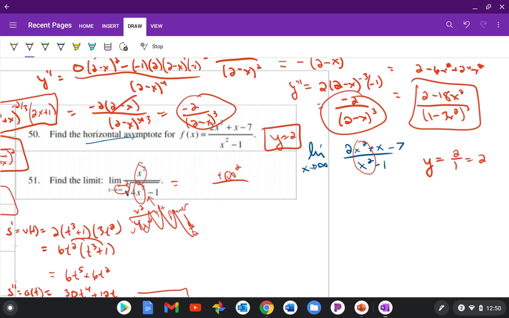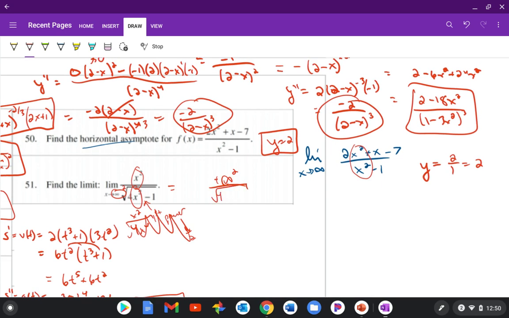And that's going to grow bigger. The bottom would be 4 times infinity squared minus 1. That's going to be a positive over a positive, so it would go to positive infinity. If the top had been like a negative x squared, then that would be a negative over a positive, and that would take it down to negative infinity.